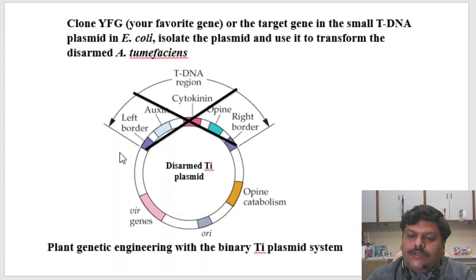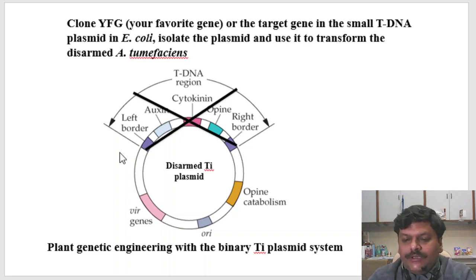There is a large part of the Ti plasmid which has genes by which Agrobacterium uses or catabolizes opine, and since we are not interested in the synthesis of opines, we don't want opine catabolism genes either, and they are also removed.